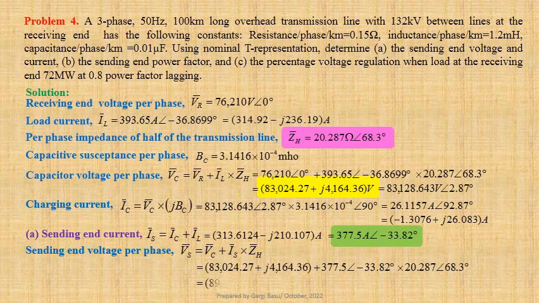That gives us 89,337.224 plus J 8500 volt. This may be written in polar form as 89,740.68 volt at an angle 5.435 degree.